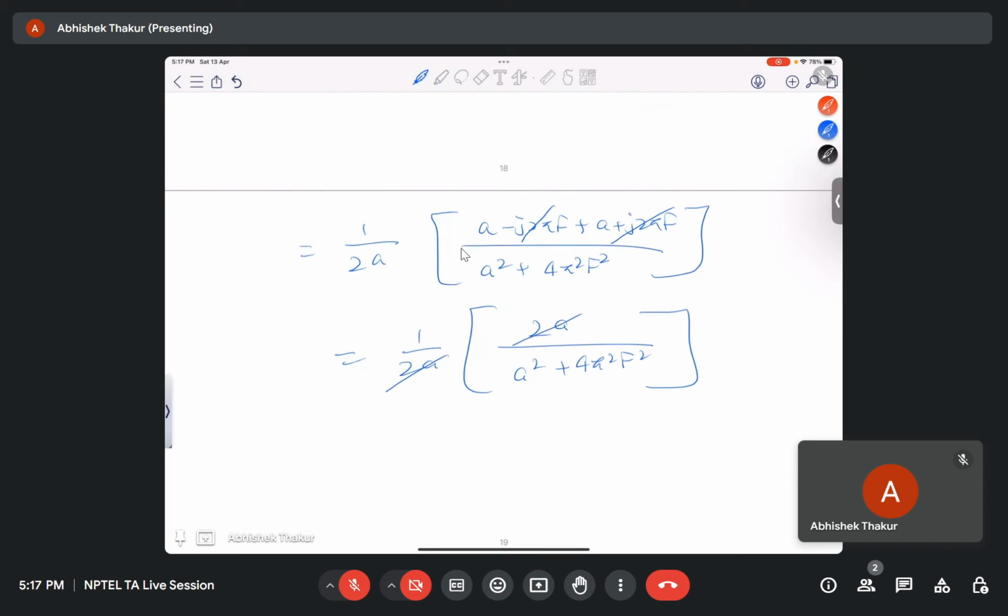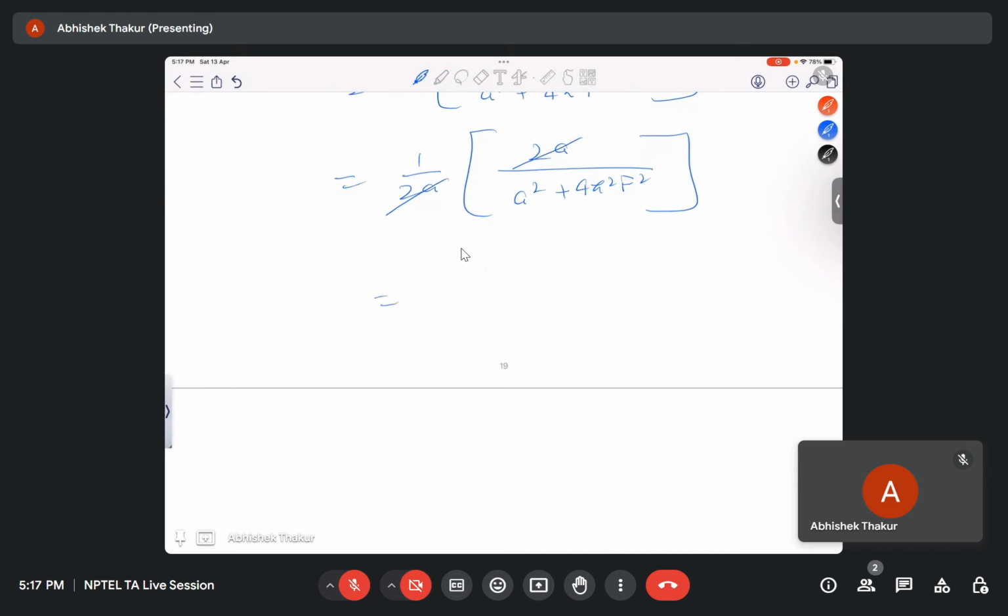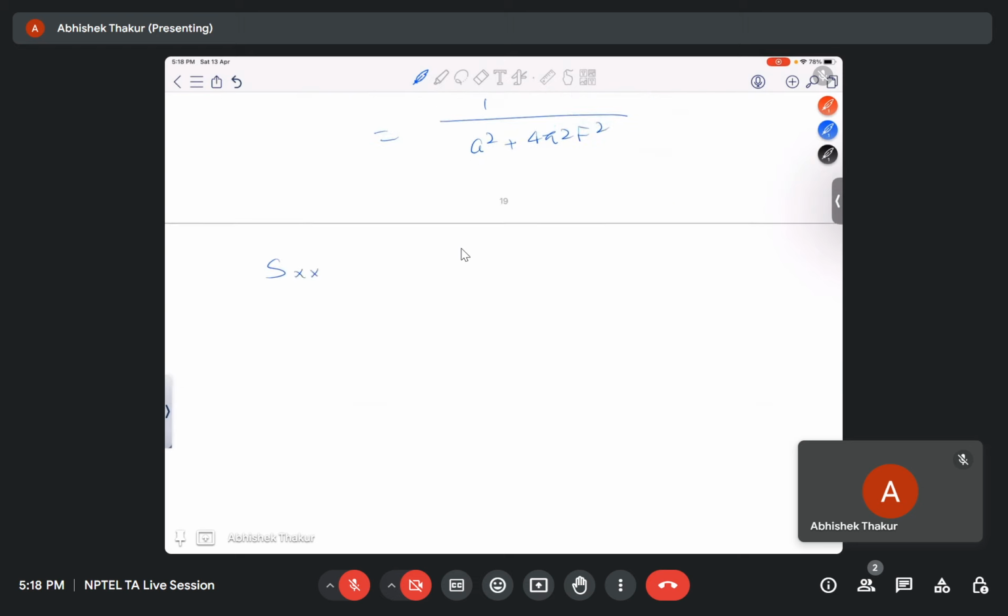So this will get cancelled. So finally we will get 1 by a squared plus 4 pi squared f squared. So this is the power spectral density.